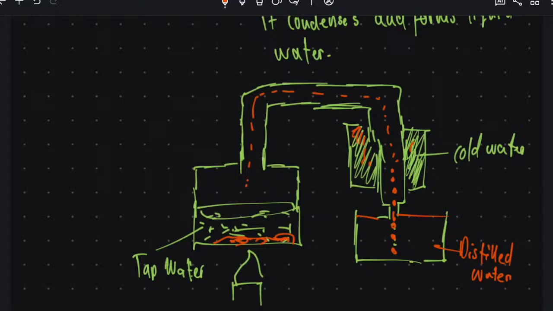When you now hear something being called fractional distillation, it is when you are separating two things where their boiling points are so close to each other, like water and alcohol. So they are a little bit harder to separate. So what you do is you put something, a net here or something, which is called a fractionating column.